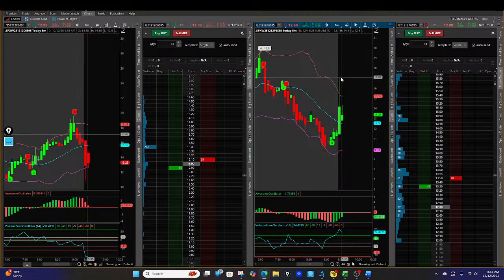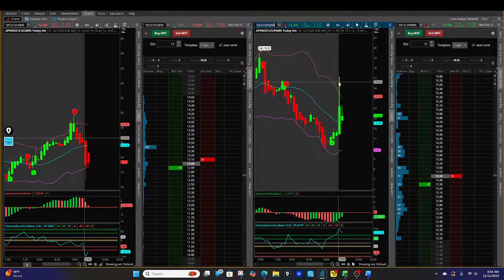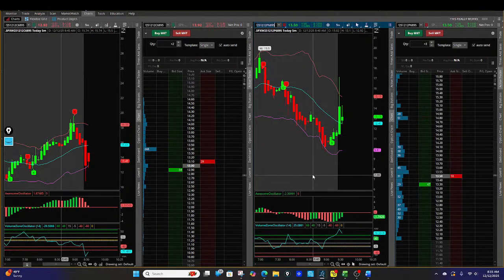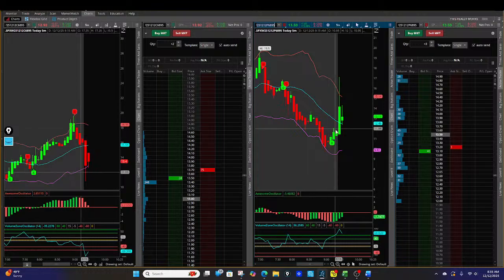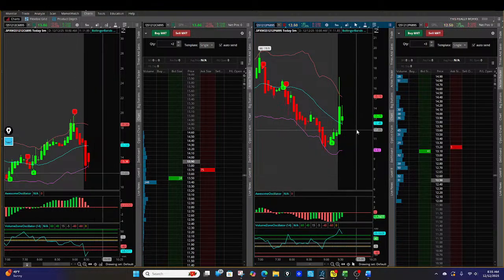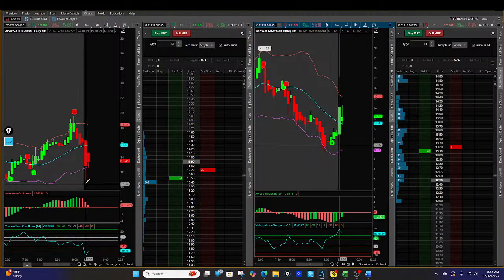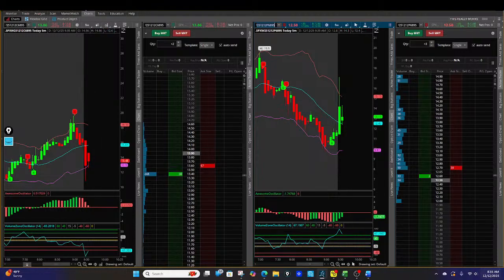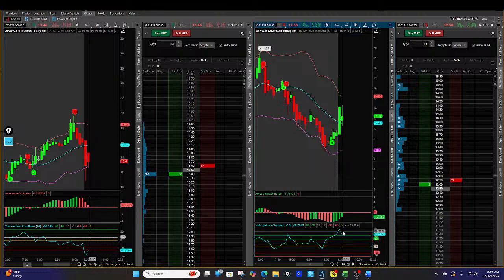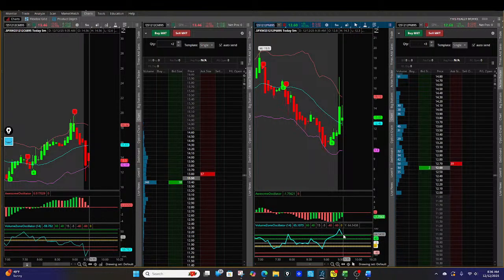This long wick tells me that that could be a high for this, and it's going to back away a little bit. When we see long wicks, that's a signal that something is going to happen. Here's a long wick over here in the calls. So we're just waiting to see something hit. Here, the volume zone oscillator has gone down, so that's not a good time to get into the trade.